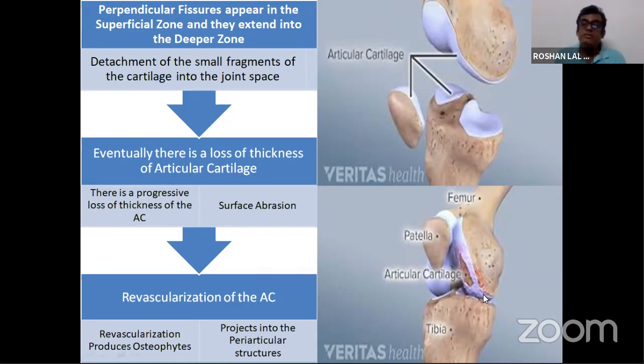Revascularization occurs at these sites, and this forms the osteophytes. So osteophytes are projected at the peripheral part of the cartilage or the joint. These osteophytes may project to the ligaments or the synovium or the capsule, and they can put pressure on these structures. So patients may experience a dull type of pain.